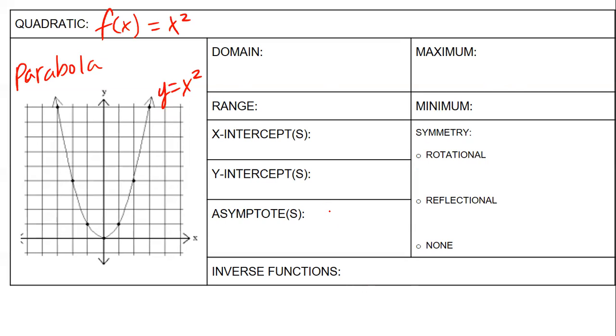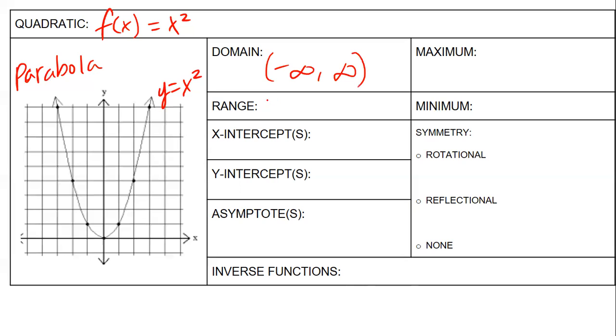So for the parabola, what is my domain? What's happening from left to right? Infinity. It goes on. That's a horrible infinity symbol. All right. However, what about my range?